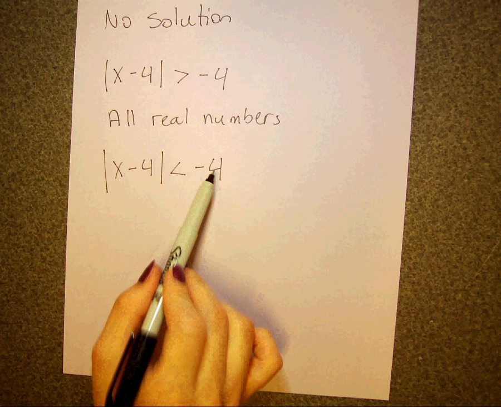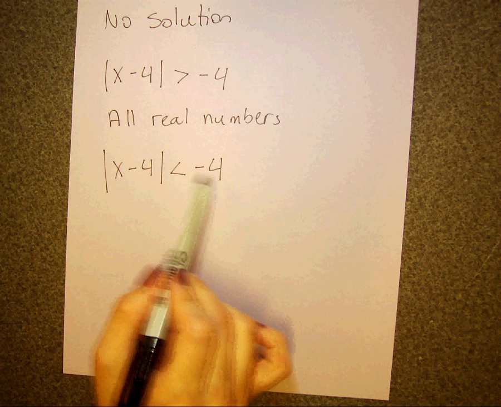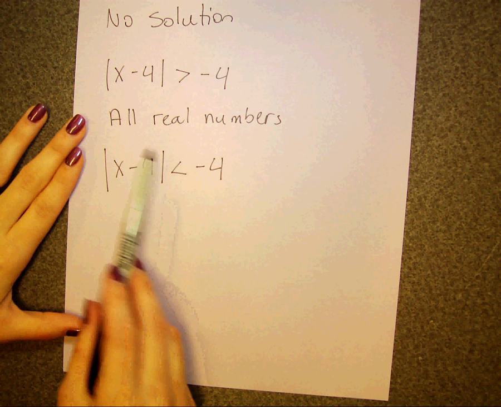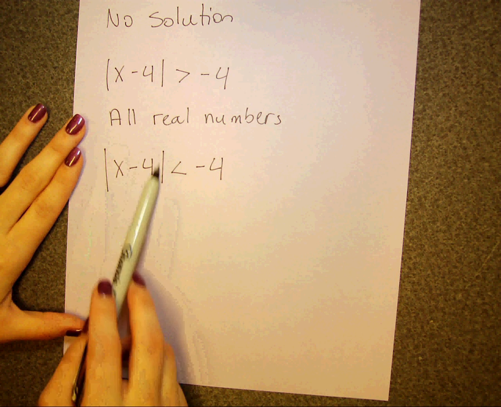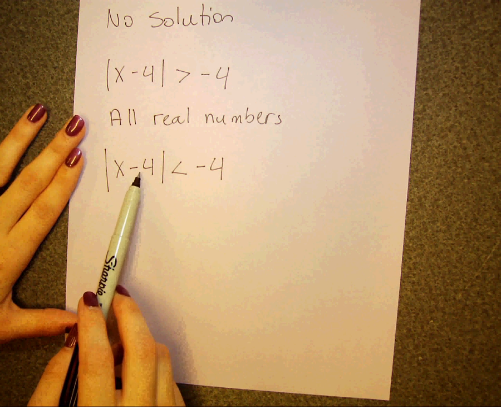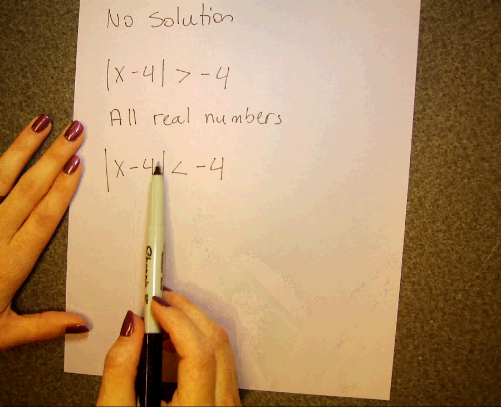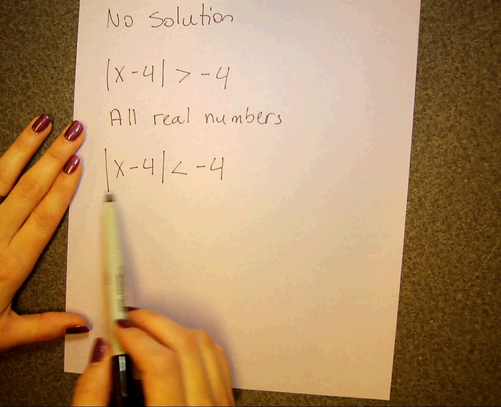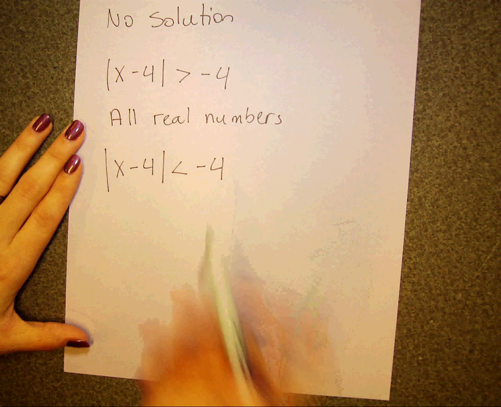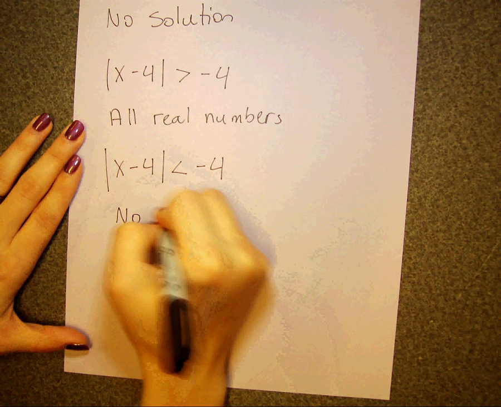I got negative 5, negative 6, negative 7, right? Just all negative numbers. So this situation, remember this only counts if I have the absolute value by itself. So I have to get the absolute value alone first. Once I get the absolute value by itself, if I end up with the absolute value being less than any negative number, then I have no solution.